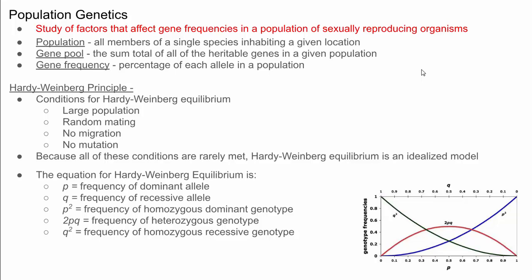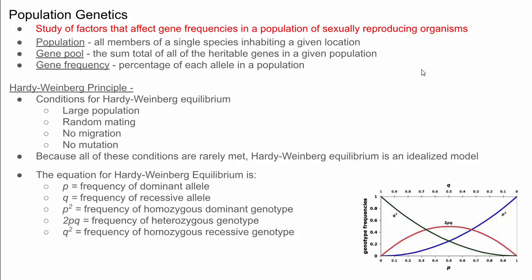If we're studying the population genetics of squirrels in the northeast of New York State, we would only include the squirrels within that region, and not the same species of squirrels living in California, because obviously they're not going to be reproducing together. So we're only looking at a specific population that might be sharing genes.